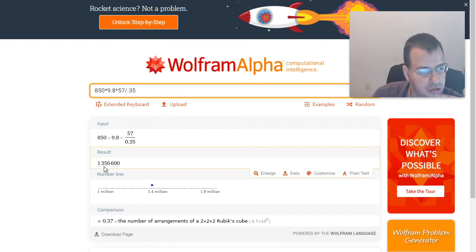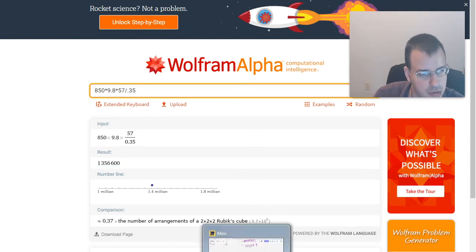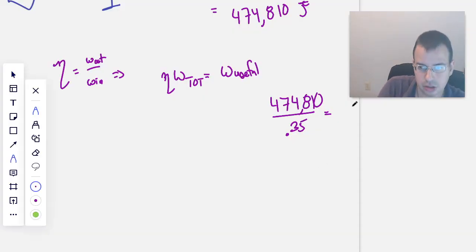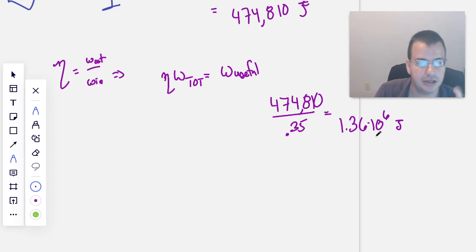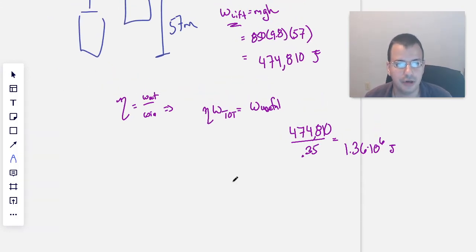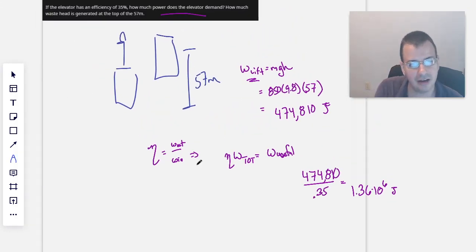I'm going to round this to 1.36 times 10 to the 6 joules. All right, so now we know how much work is going to be demanded by the elevator.